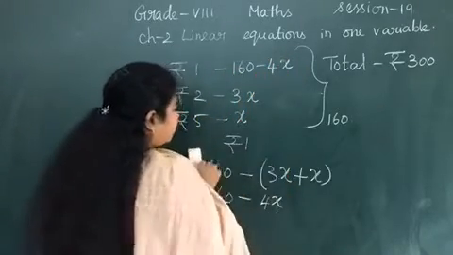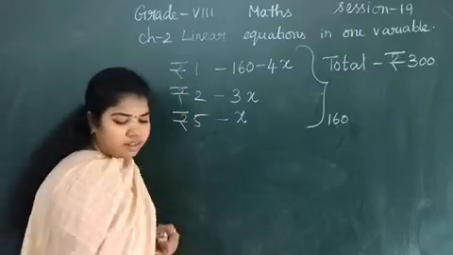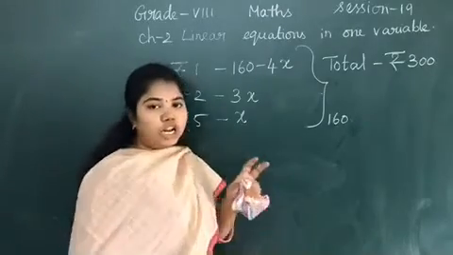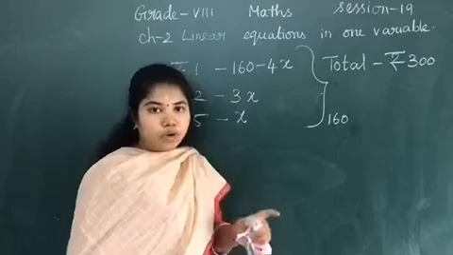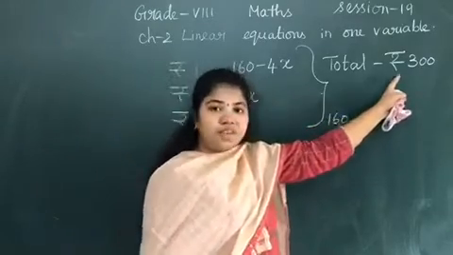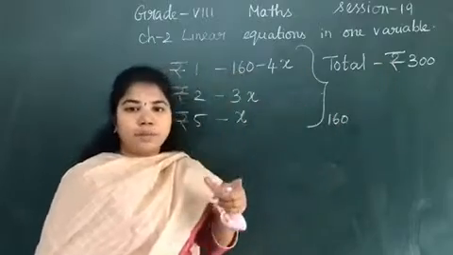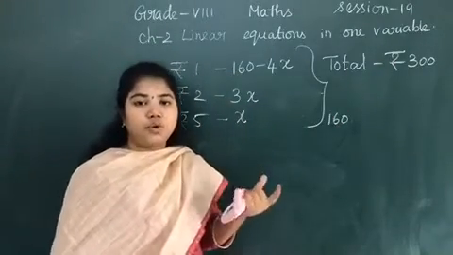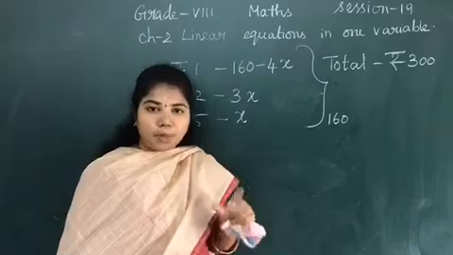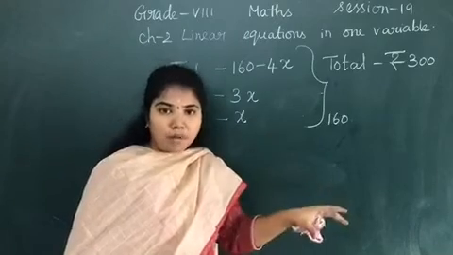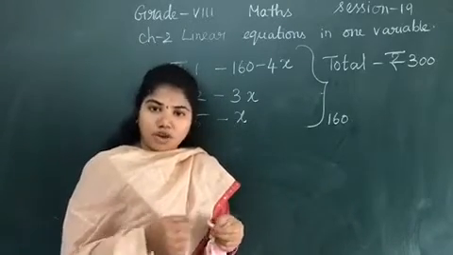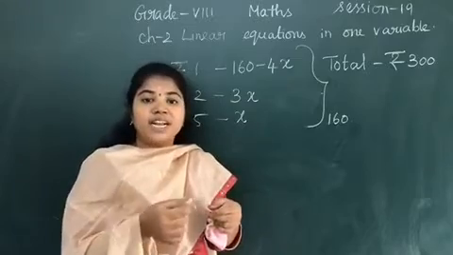Now up to this we will recap again. Listen carefully. The total amount is rupees 300. For this 300, you have to give denominations. In the previous session, I told you what denomination is. Denomination means you are depositing some amount. You have rupee notes in your hand and you are going to denominate each note.